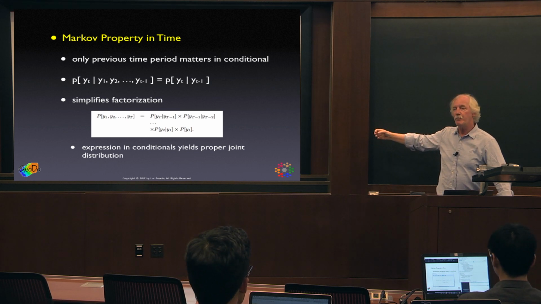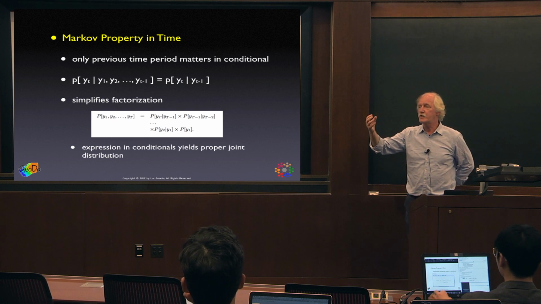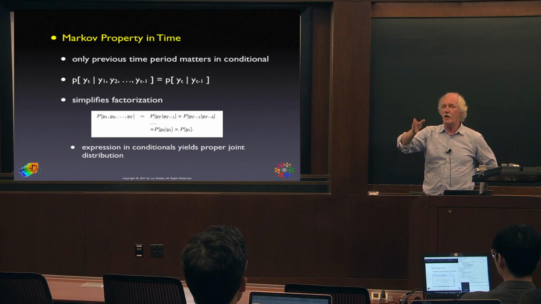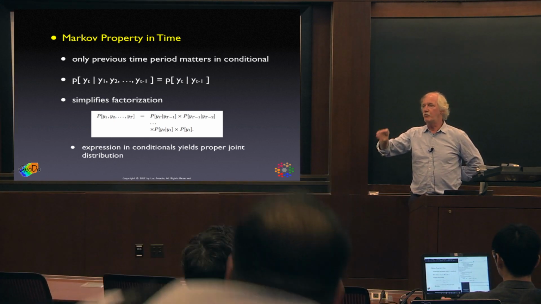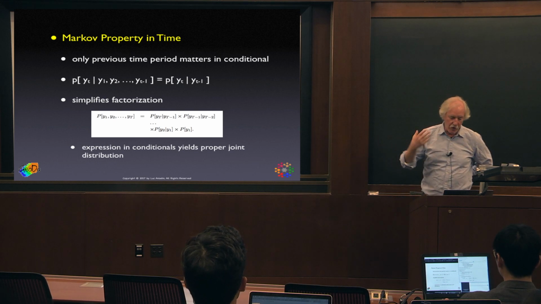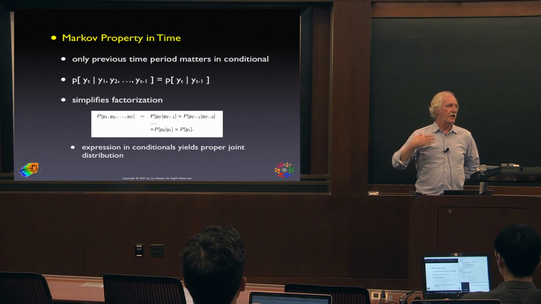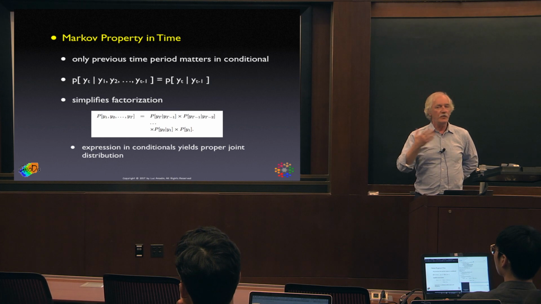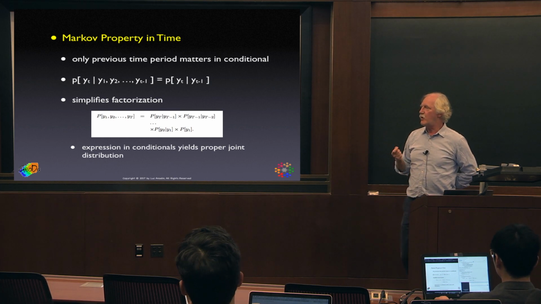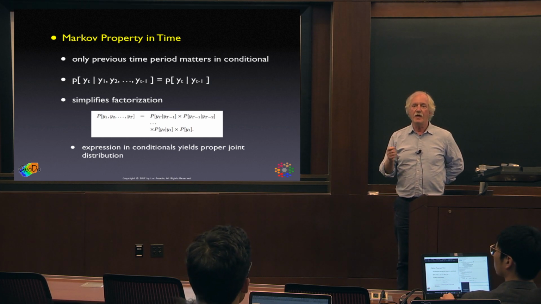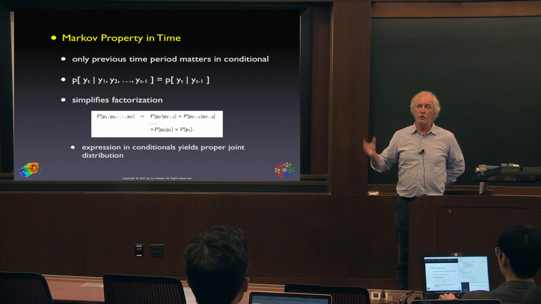So we can build up the whole history of the process by just knowing what happened one period previously, right? That's a very powerful thing, because typically these conditional probabilities are simpler than the full joint probability.